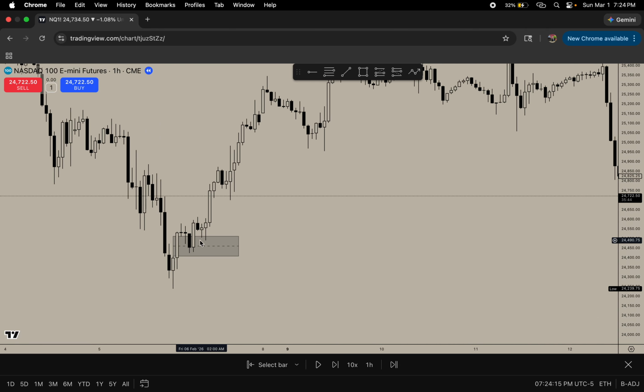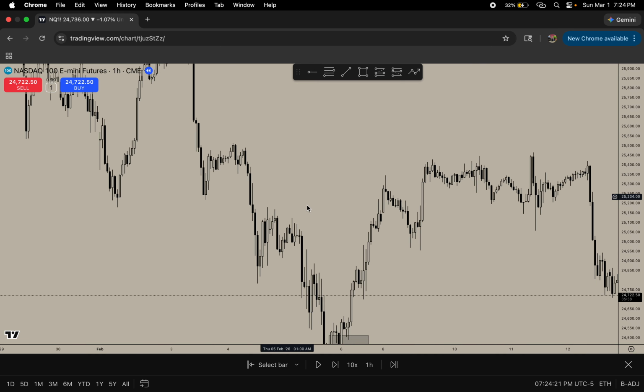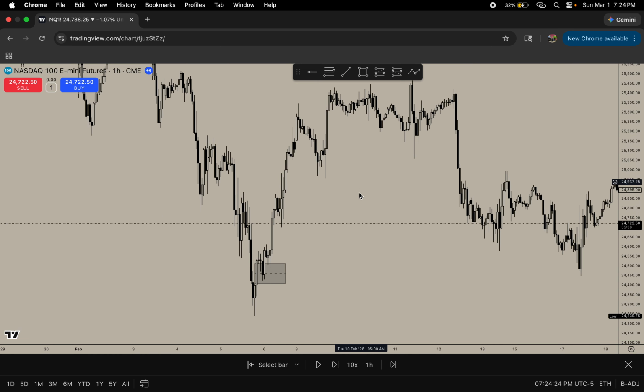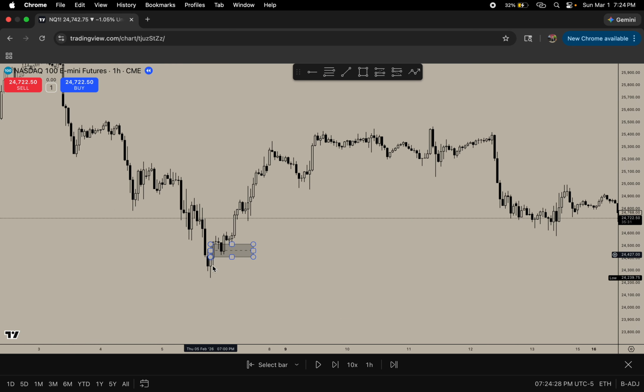And as you can see here, price comes past the 50% mark of the box, the fair value gap, and we get a solid price push up.